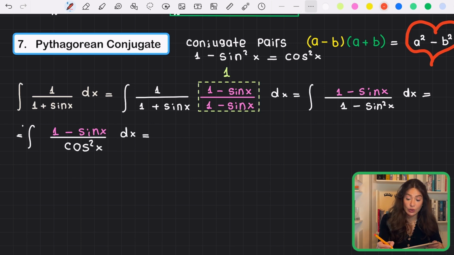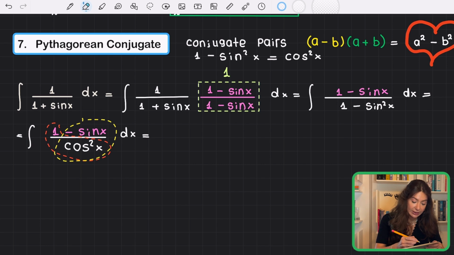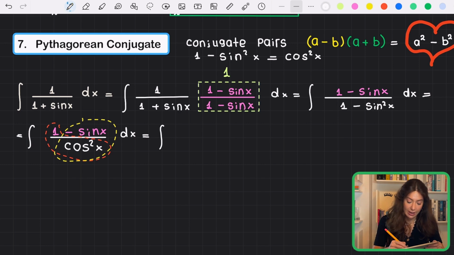Now I'm going to do trick number 2, separate the numerator, which we learned in this video already. Do you see how extremely versatile and powerful that trick is? We already used it 3 times. This is the third. I have the integral of 1 over cosine squared. What is 1 over cosine?